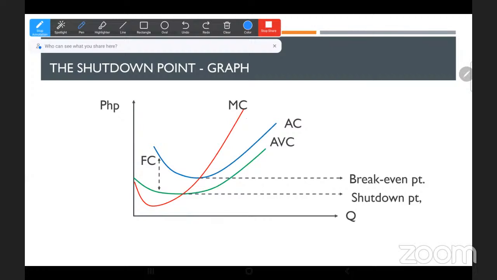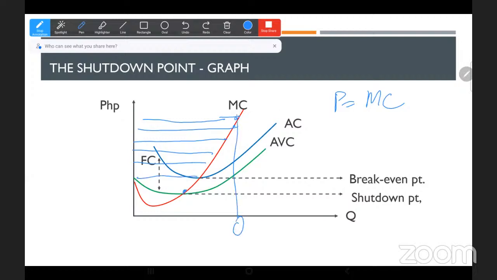So therefore, given that, alright, this portion, kasi di ba, price is equal to MC. So every point, dapat dito, bawat price equal to MC yan, hanggang dyan. Di ba? Yan ang relevant to the firm. So ibig sabihin, price is equal to MC, the firm will produce this much. Puro yan ang kanyang mga options.